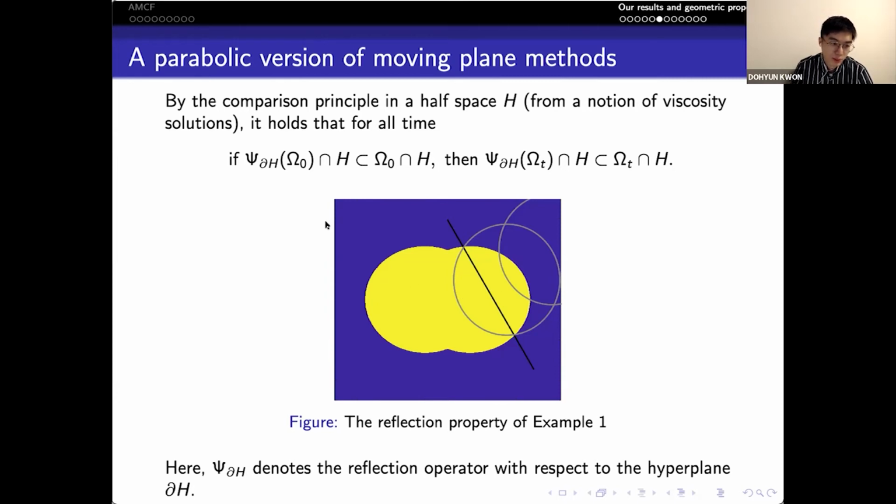Here, this operator denotes the reflection operator with respect to a hyperplane. In this figure, the union of two balls, you see that if we have a hyperplane and consider the left part of this hyperplane, which is our H, and then reflect the yellow part, then the reflected one intersected with H is included in the yellow part. So this is our main idea.